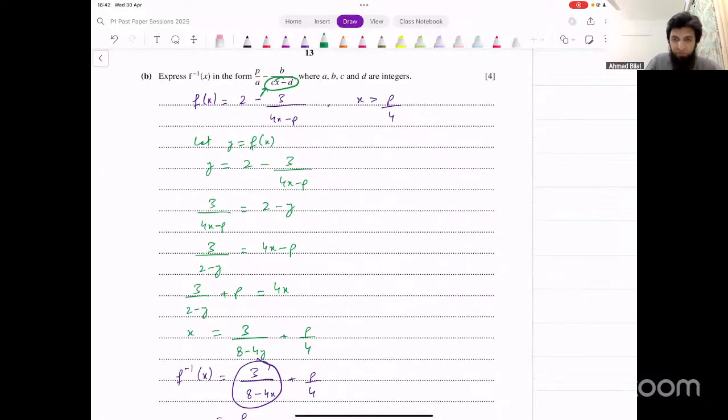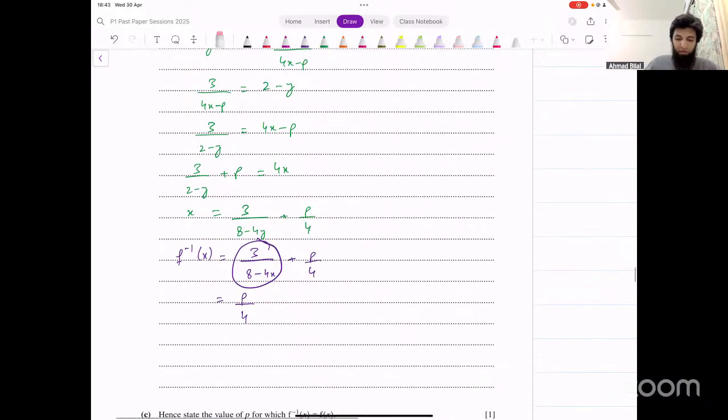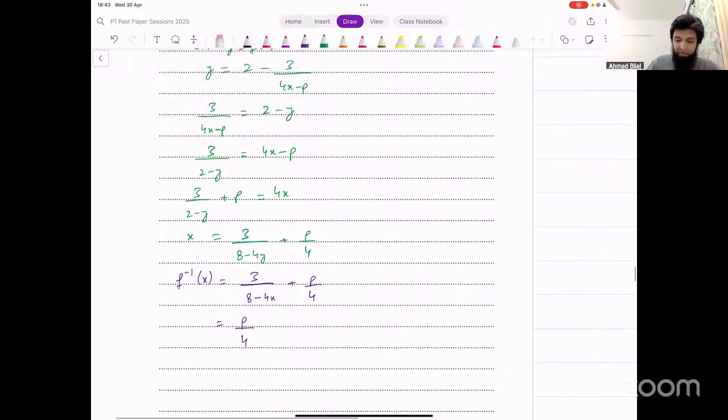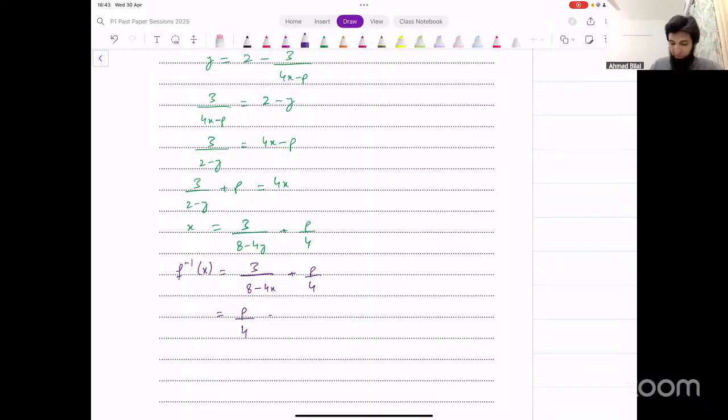And in the denominator as well, you can see that they have cx minus d. The x term is first and the constant is second, right? So what can we do here? Let's take minus common from the denominator here, so that we have the x term first and the constant term second. What will that become? We have minus 3 over 4x minus 8.